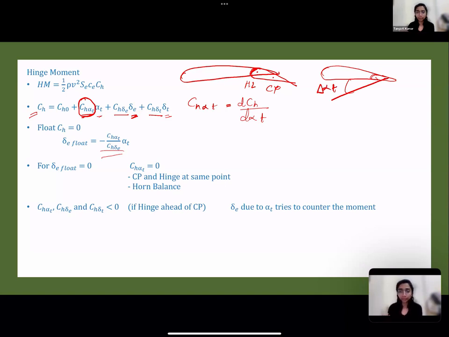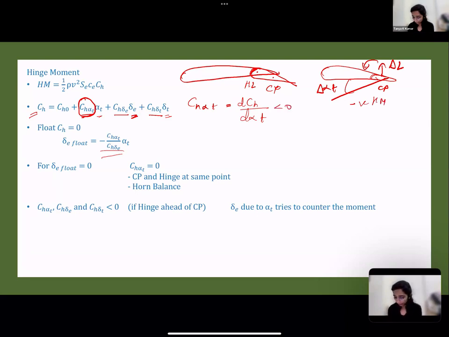Will there be an increase in lift or decrease in lift if I increase the angle of attack at tail? Increase in lift, exactly. So you will have one delta L here at the CP. And when this delta L acts at the hinge line, you have pitch down moment, right? So this is pitch down, which is why you have negative hinge moment, which is why this quantity is negative.